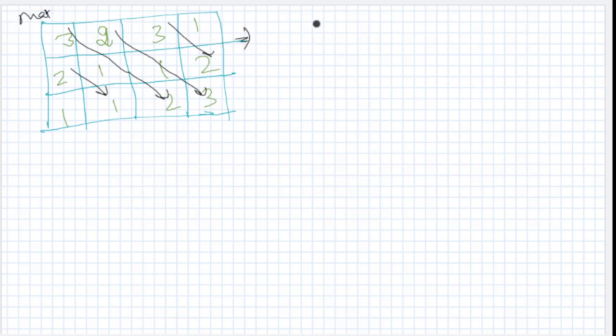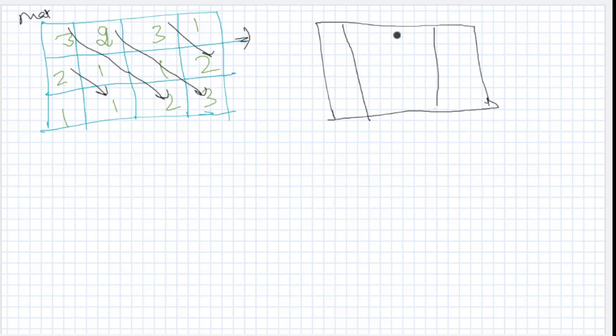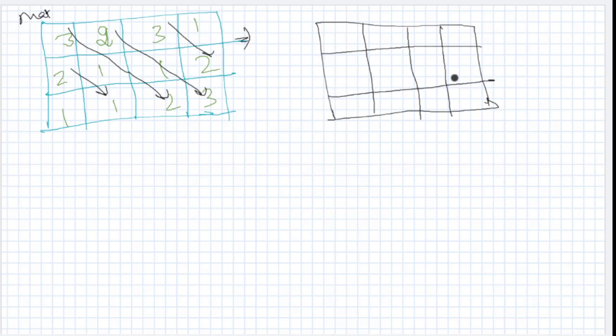And what should be your resultant answer? What you want is this matrix diagonal. Obviously the ones are fine. Then 1 2, then 1 2 3. Again it's 1 2 3, and then 2 3.